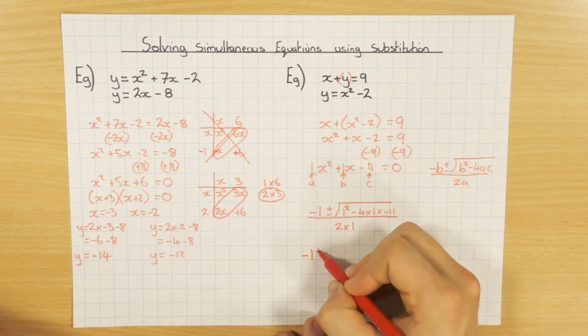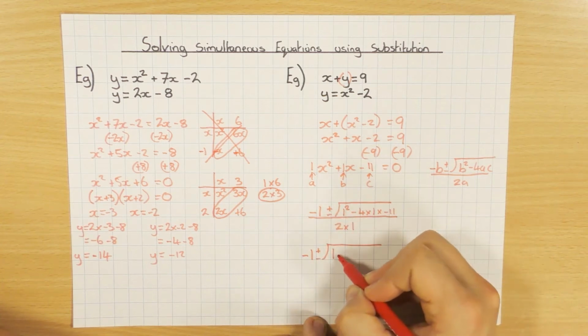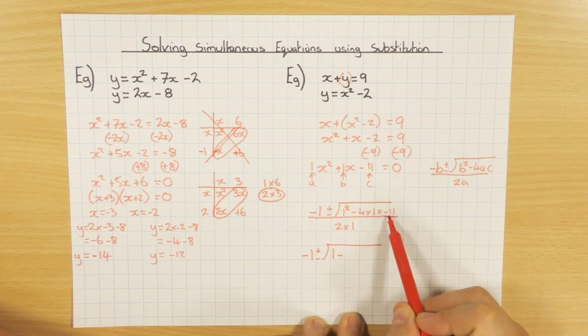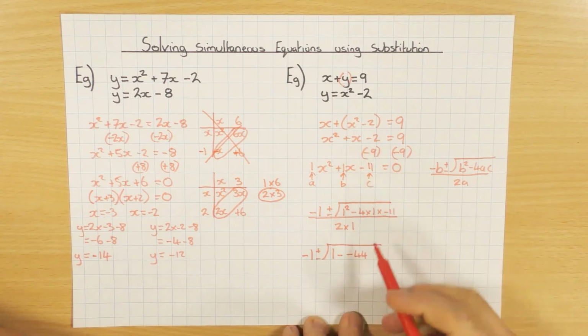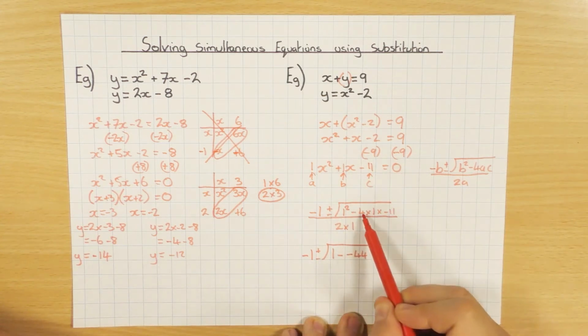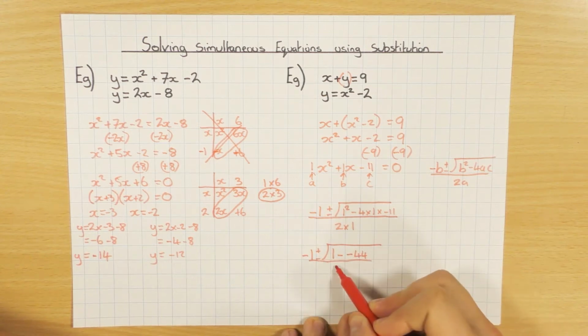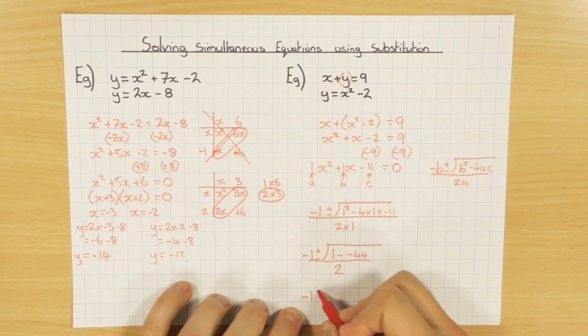Minus 1, plus or minus the square root, well, 1 squared is just 1, take away, well, 4 times 1 is 4, times minus 11 gives me minus 44, so minus 44. Notice I left that take away there, and then when I did this, it was minus 44. All divided by 2 times 1, which is 2. And again, a little bit of tidying up.